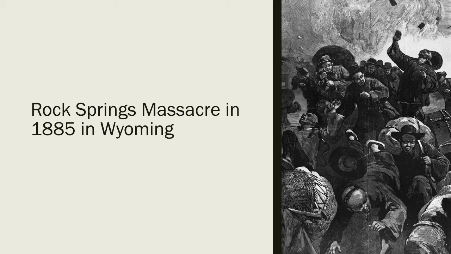In all, 28 Chinese were killed, 15 wounded, and all 79 of the shacks and houses in Rock Springs' Chinatown were looted and burned. Hundreds more unofficially, with mutilated bodies and people burned alive, resulting in about $150,000 in property damage.